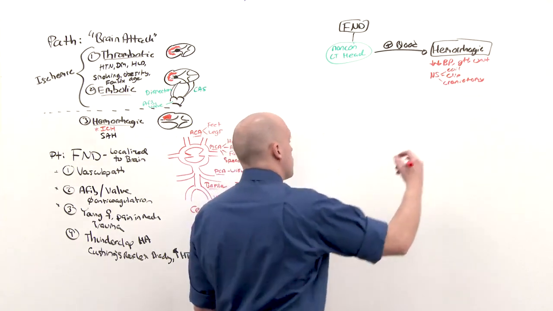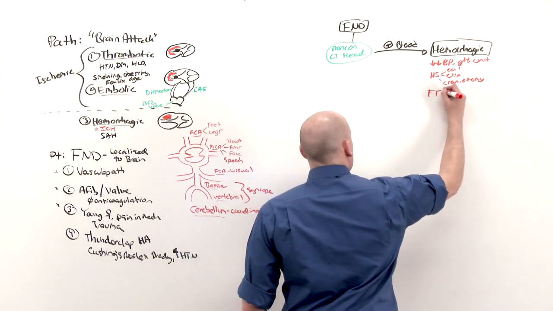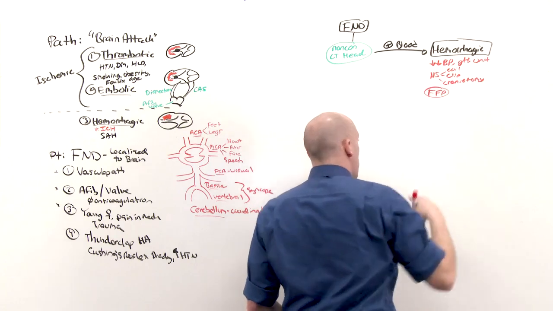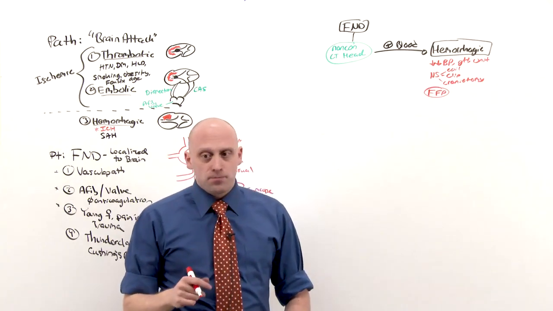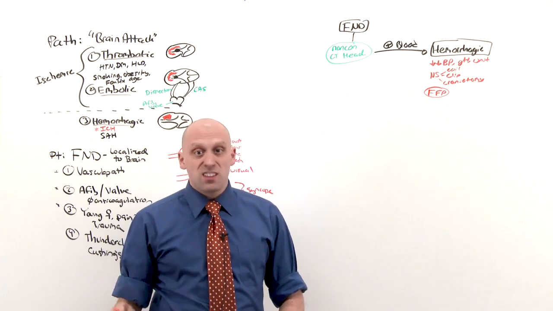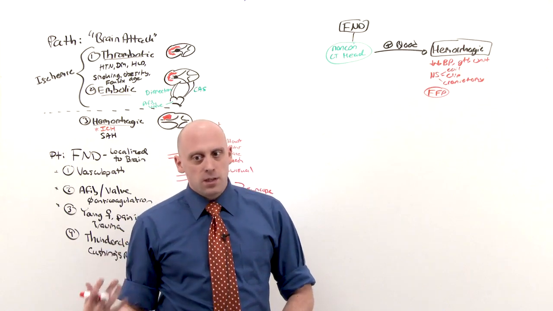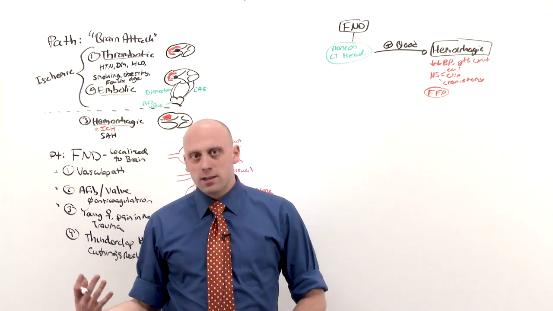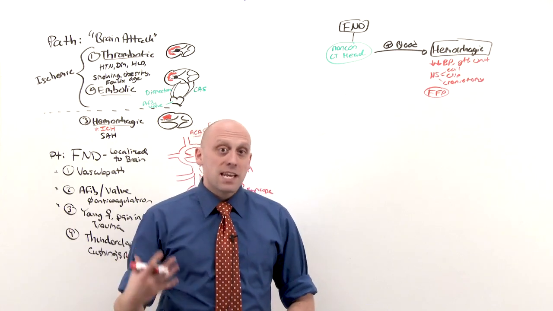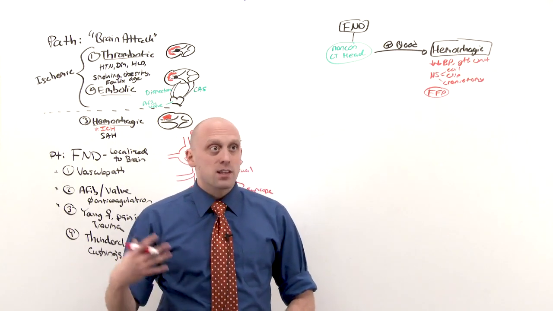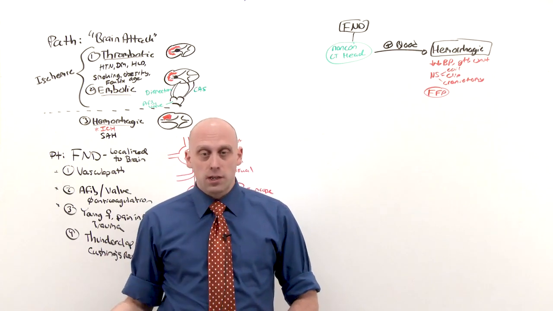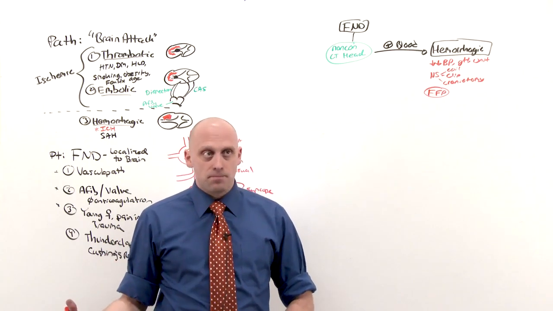But what we can do is give fresh frozen plasma, if and only if there's an anticoagulation. That is, if the INR is elevated. It doesn't really work in the non-vitamin K oral anticoagulants. It doesn't really work in antiplatelets, but if there's any derangement in the INR, give FFP. That can turn off the bleeding, at least buy you some time.